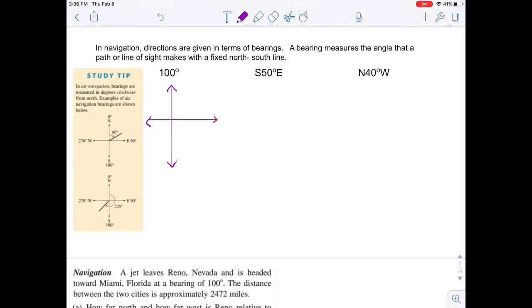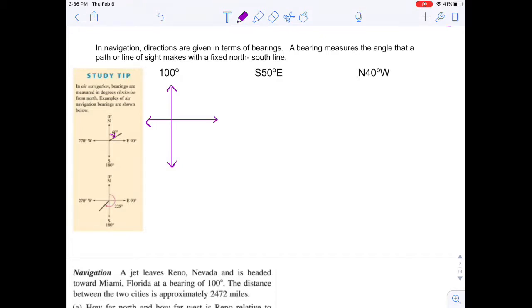If you look at the study tab, it says, in air navigation, bearings are measured in degrees clockwise from north. Examples of them are shown below. So this is a bearing of 60 degrees because it's 60 degrees clockwise from north, and the bottom is 225 degrees clockwise from north again.